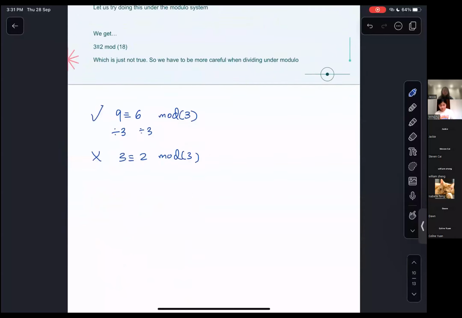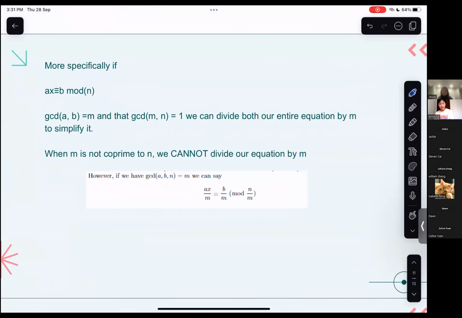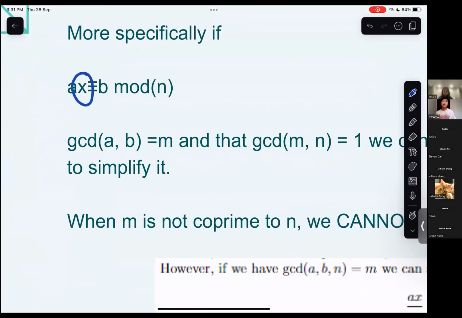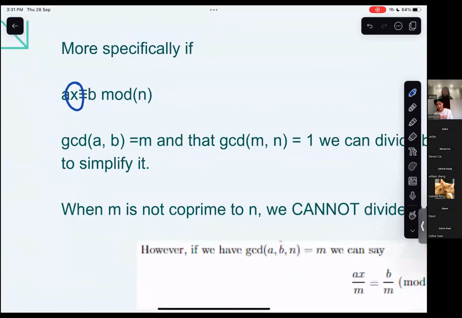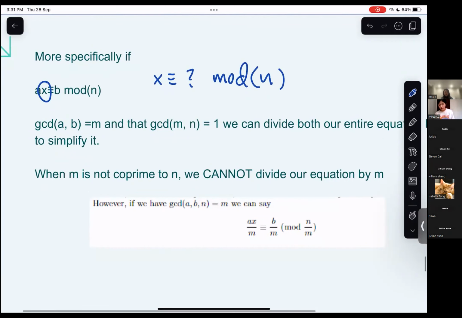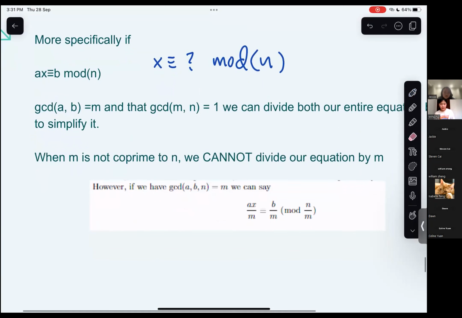But okay. So more specifically, say we're given a question where we have an unknown variable, right? That's generally when we want to divide because we want to get something like x by itself. We want to find what x is congruent to mod n. That's generally why we would think of dividing in the modular system. So let's say we're given ax is congruent to b mod n.